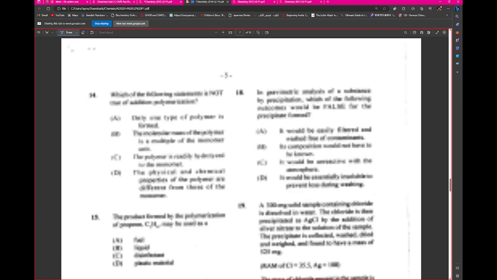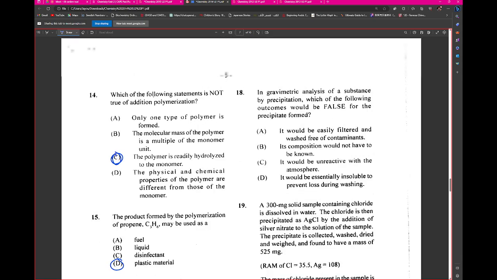Okay, number 18. In the gravimetric analysis of a substance by precipitation, which of the following outcomes would be false for the precipitated form? The precipitate form, the PPT form, which would be false. The composition would be unreactive in the atmosphere.